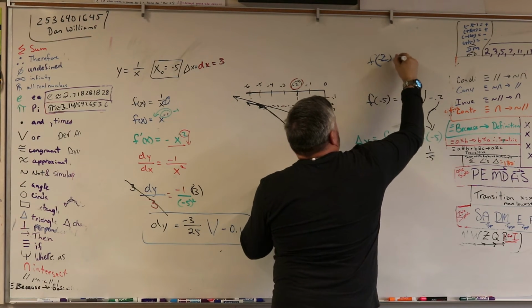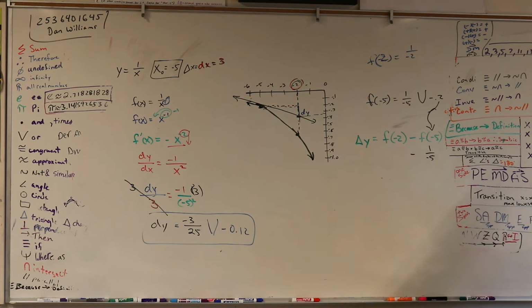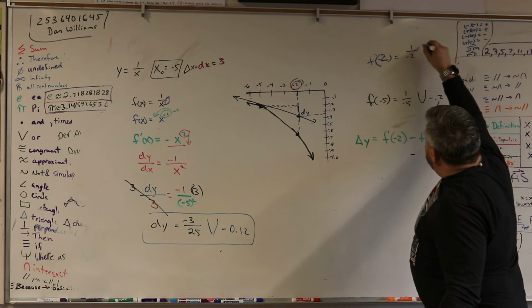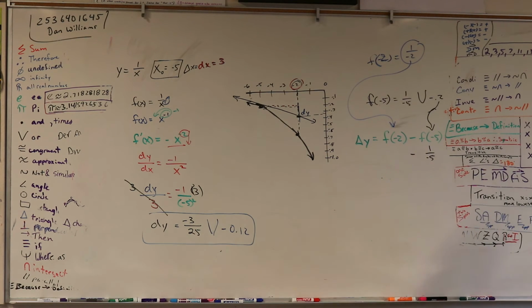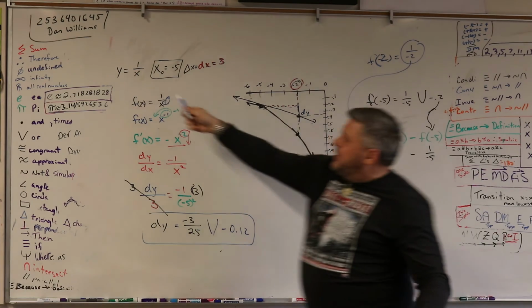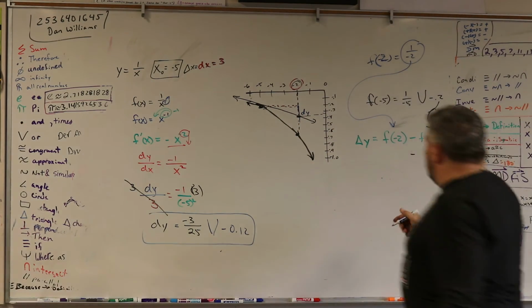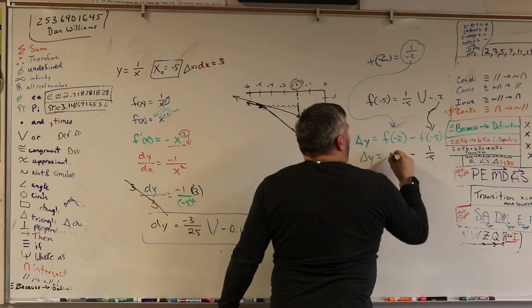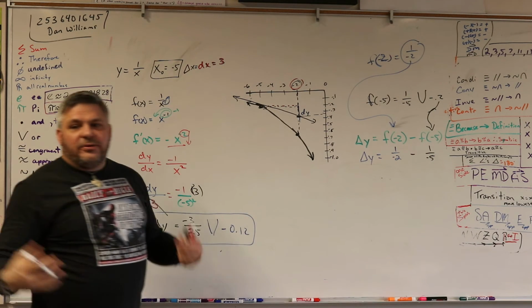F of x with respect to negative 2 would be 1 over negative 2, right? So when we plug this into this function, we get 1 over negative 2. So delta y is now equal to 1 over negative 2 minus 1 over negative 5.